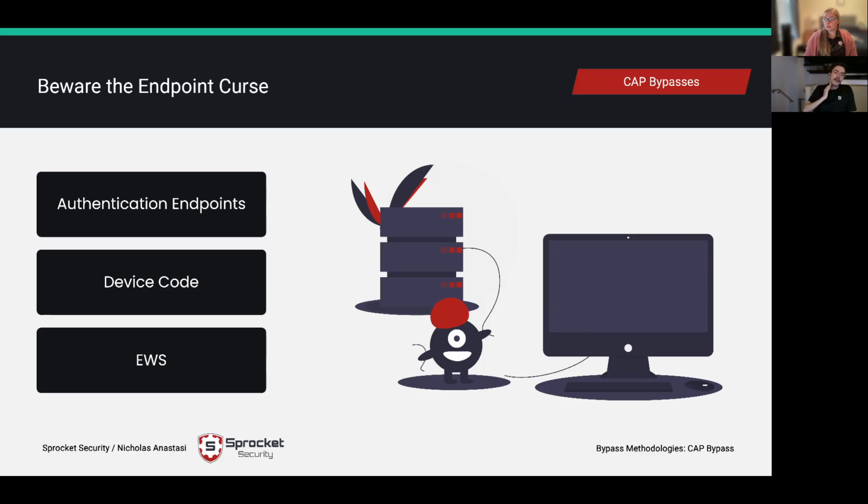So there are tools like TeamFiltration and other conditional access policy analyzers, or authentication attempt providers, out there that will try to shuffle the platforms you're coming through and the authentication source you're coming from.